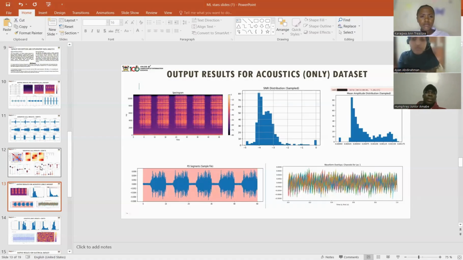And then next up is the signal-to-noise ratio distribution graph. Now, this histogram displays the distribution of signal-to-noise ratio values. Most of the values cluster around -4 decibels, meaning that the noise levels in this audio are relatively high compared to the signal.